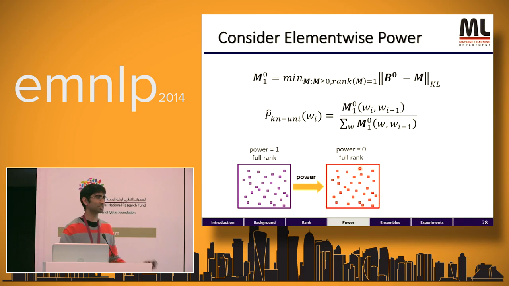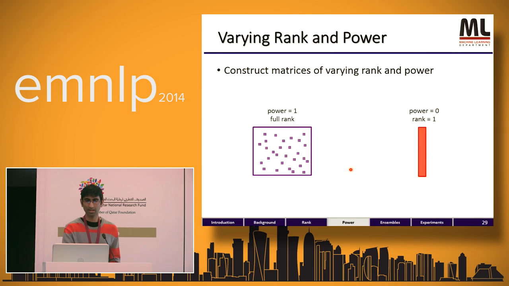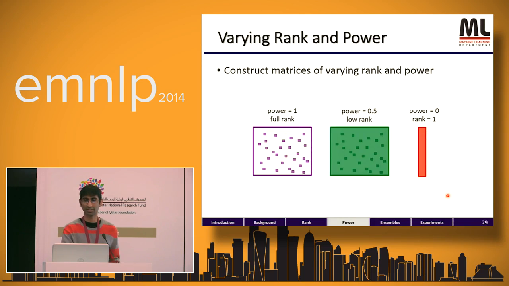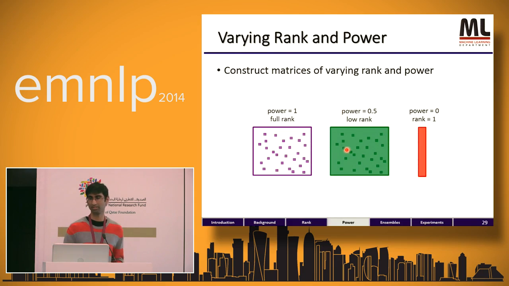I changed the color, which means I changed the power. It's still sparse. And then I can take a rank 1 approximation, and this would give me the Kneser-Ney unigram. So now, instead of just having the MLE bigram and the Kneser-Ney unigram, I can now have this intermediate matrix, which is of intermediate power, so it's a different color. And it's also low rank, so it has some intermediate level of dependence.